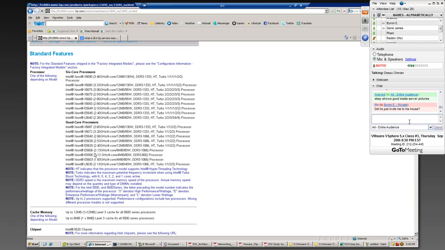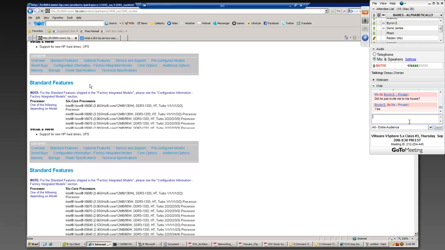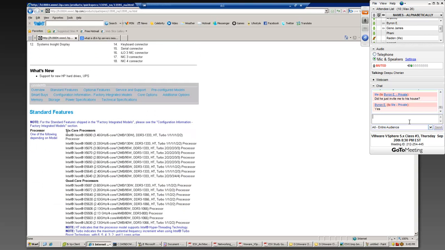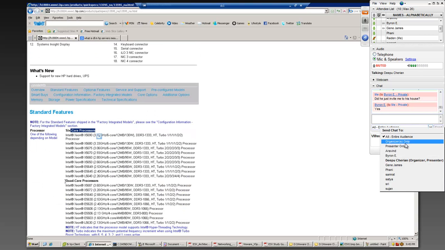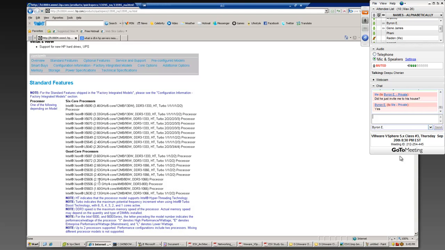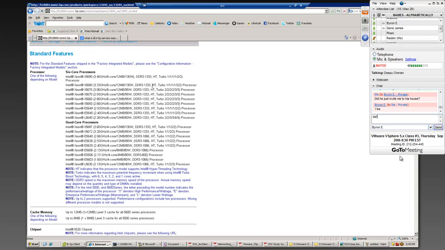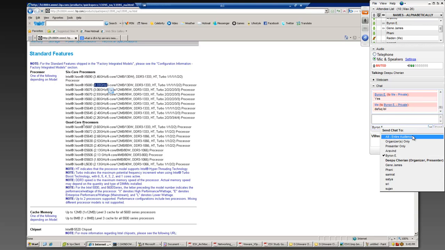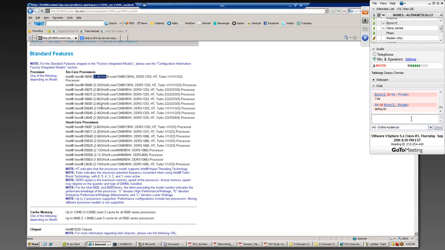And these are the different types of processors in this server. For example, this server model can support 6-core processors. It can support quad-core processors. And the processors are of different speeds. You can see a 3.3 gigahertz 6-core processor, 3.4 gigahertz, 2.4 gigahertz.